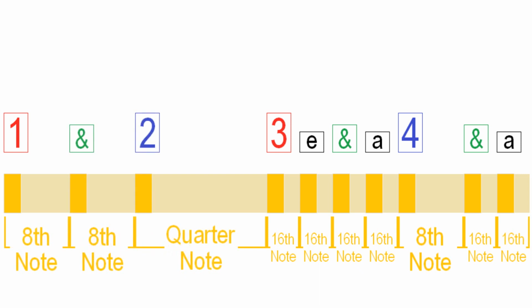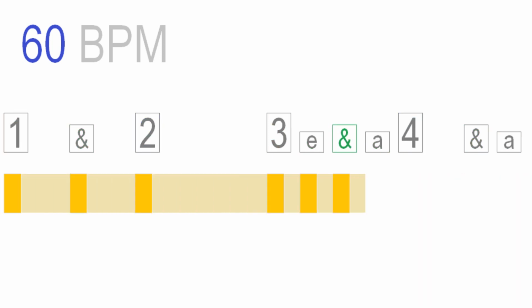Another sequence, transitioning between quarter, 8th and 16th notes. I'm sure you can already see the countless possibilities we have to create our own timings based on combining these core note values.